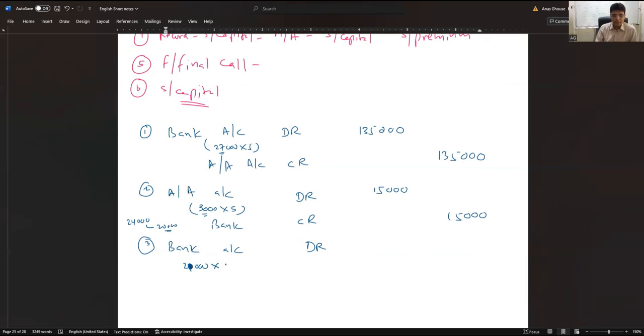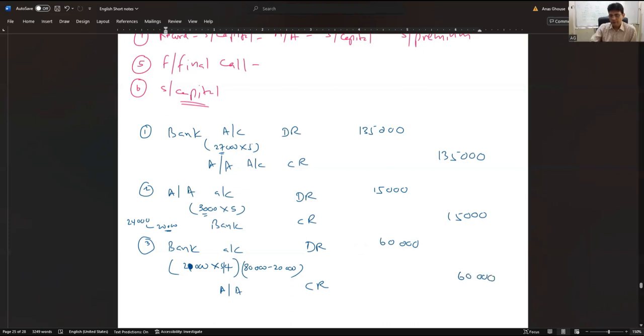So 20,000 times $4 is going to be 80,000. But from this 80,000, the excess money received, 20,000, has to be deducted. So that will be 60,000. Then you need to credit the application and allotment account with 60,000.